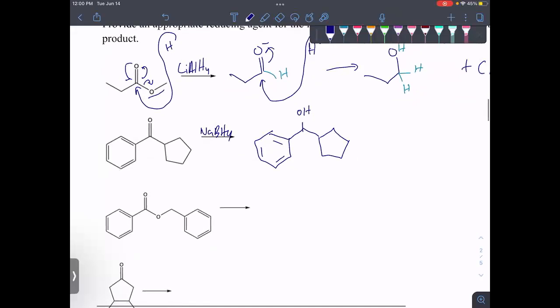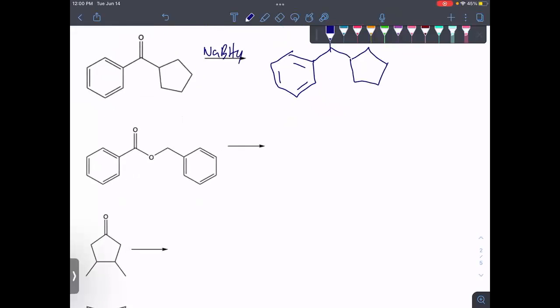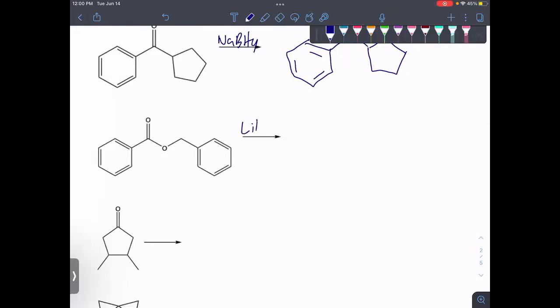Okay. The third one? Yes. So the third one, it's an ester, not very reactive. So we need something really strong. So we're going to take LiAlH4. It's going to come in and turn into a primary alcohol. The first hydrogen gets rid of this entire thing as the leaving group. So in the first step, we're left with an aldehyde.